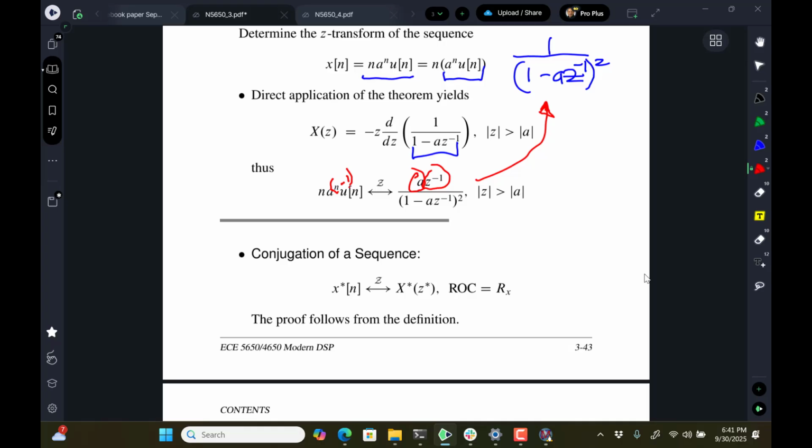Now that's gone, so I took care of that. Z to the minus 1 would show up in the right-hand side if we had a delay by 1 in the left-hand side, right? So to unwrap that and move it to the left-hand side and say it's gone, we have to replace this by n plus 1.